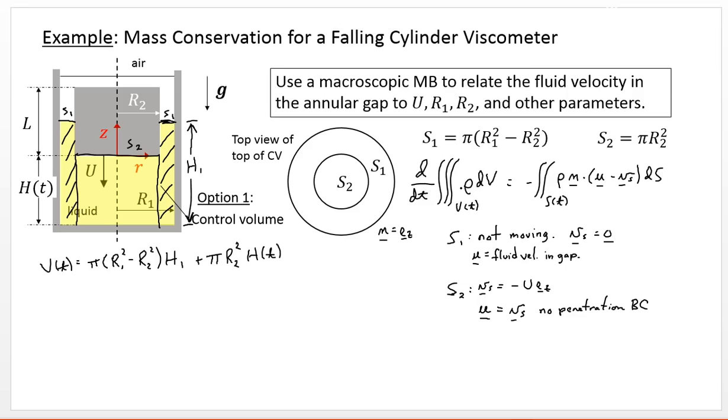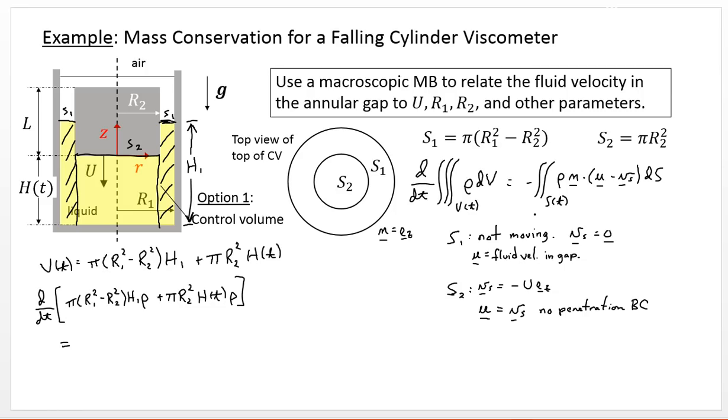So this time derivative term in our macroscopic mass balance becomes the time derivative of the product of the density and the volume. So we get pi r1 squared minus r2 squared h1 rho plus pi r2 squared h of t rho.